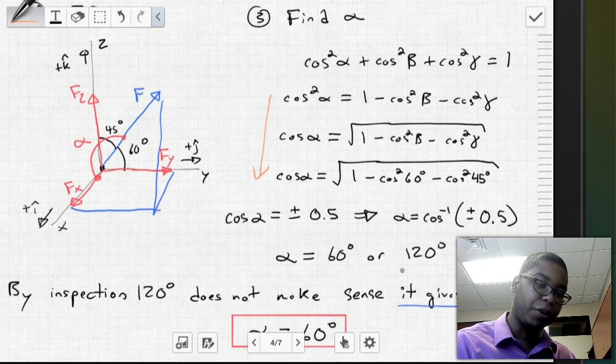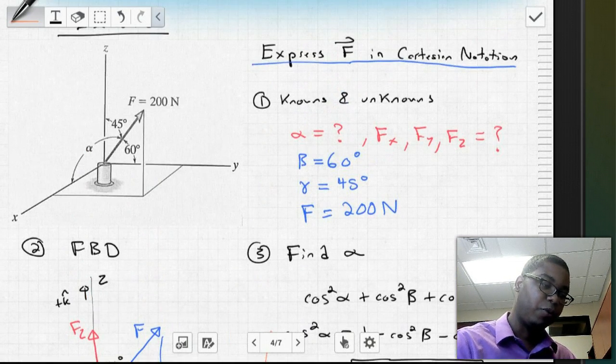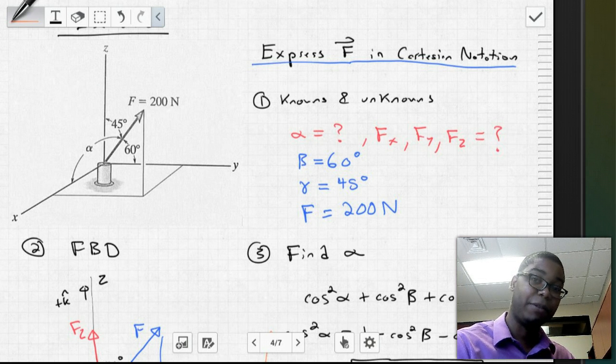Because alpha goes from the x-axis to the force vector F, if it was 120 degrees, then we'd be given a negative Fx component. So the component in the x direction would be a negative value. And clearly, when we look at the diagram that was given, it is clear that the force vector should have a positive x component.